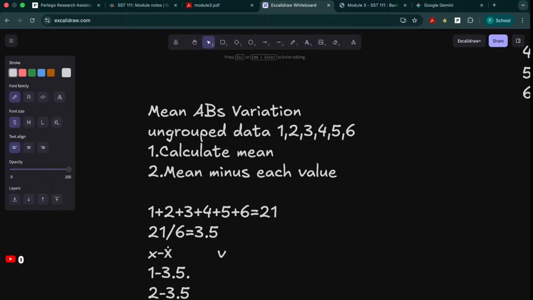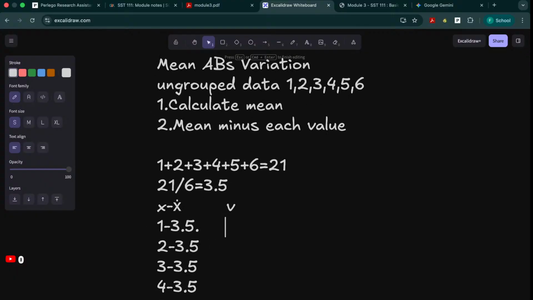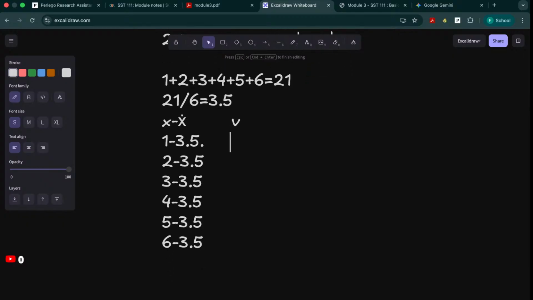So let me do it and write the figures. 2.5.